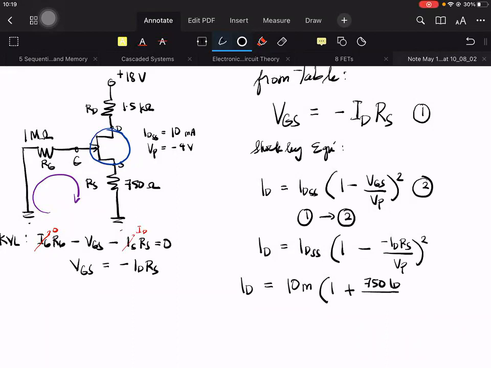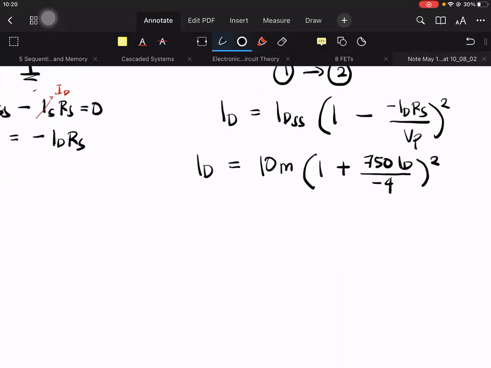VP is negative, so negative 4, squared. VP is given, IDSS is given, and RS in the circuit is also given. So the only unknown this time is ID. What's next?